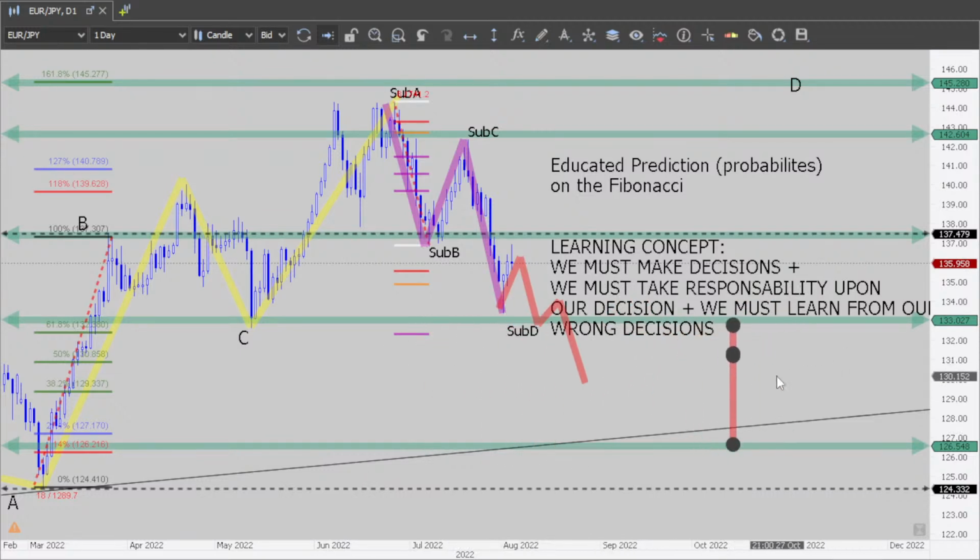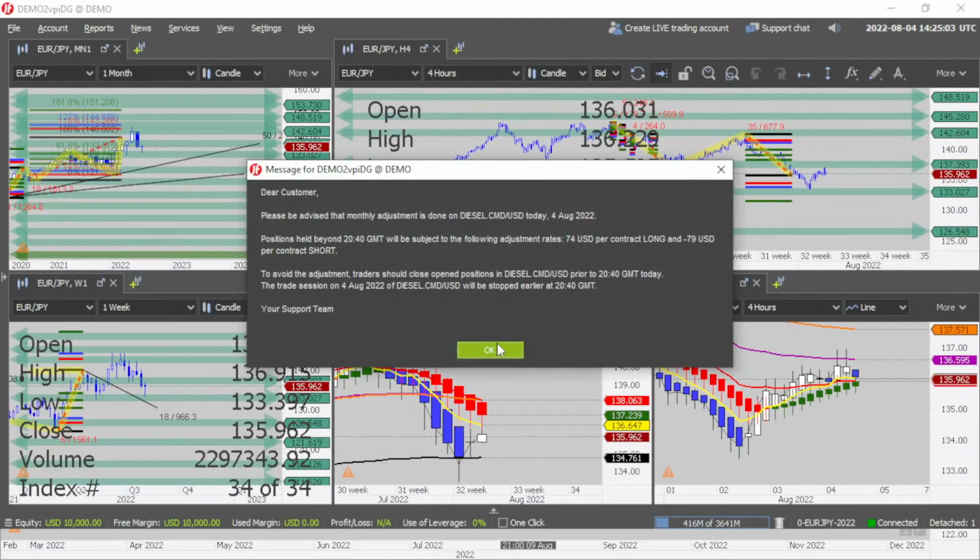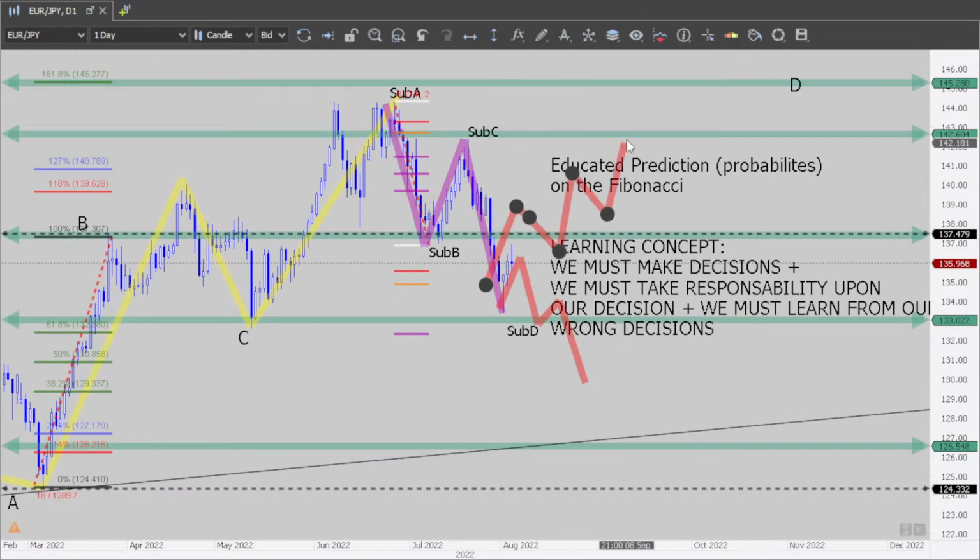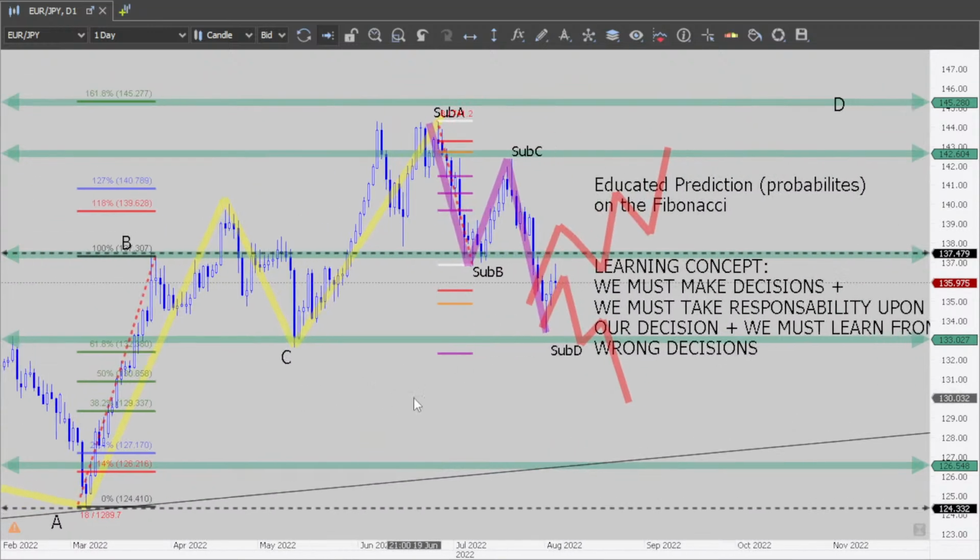Plus, I must learn from my wrong decisions, so I need to address, okay, I expected the market to go up, but the market didn't go up, so what was on the chart that I did not see?